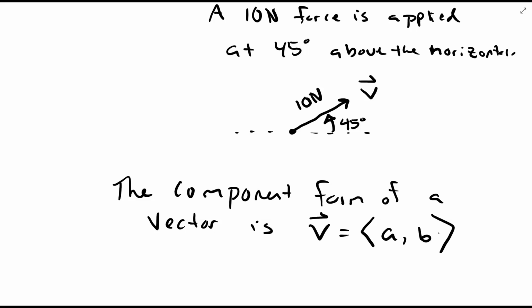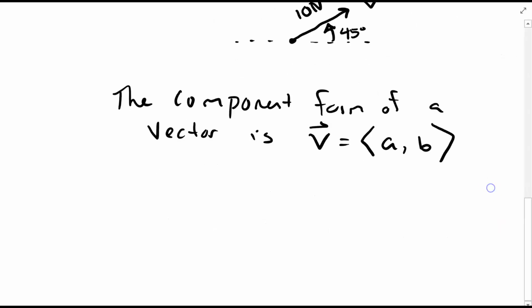And then we'll have two scalar values inside of that component form. The a and b are called the components of vector v in this case.